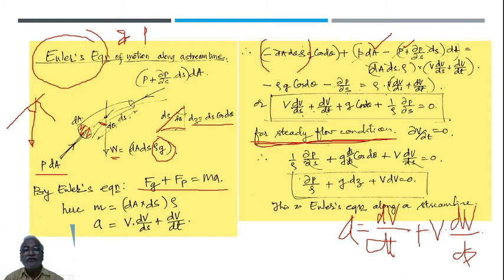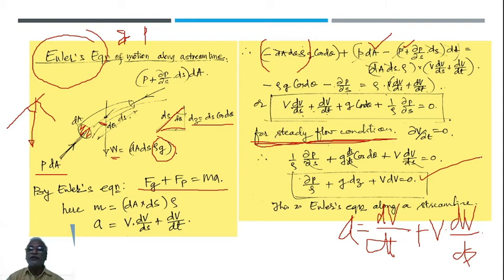So you'll be left with dP/ρ plus g dz, because you can just see here ds cos θ, so ds cos θ is nothing but dz, plus V dV equal to 0. So this particular form is known as Euler's equation along a streamline.